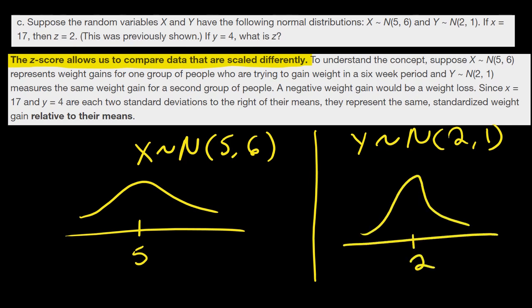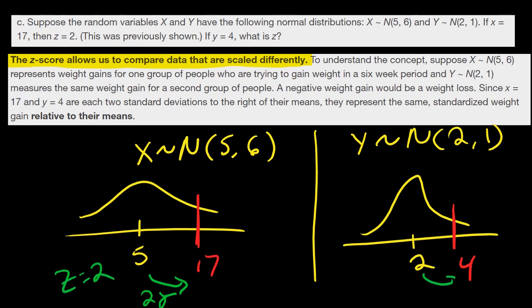We had our observations at 17 and at 4, and they were both 2 standard deviations above their means, so z equals 2 for both.